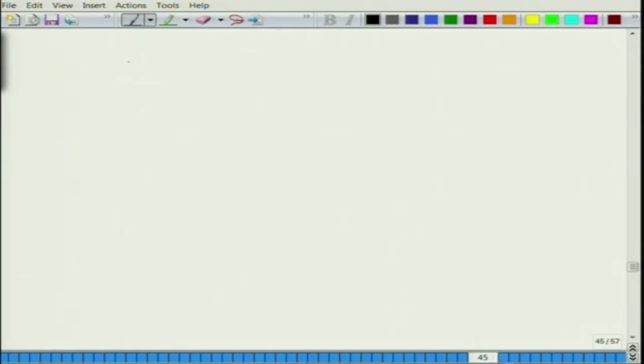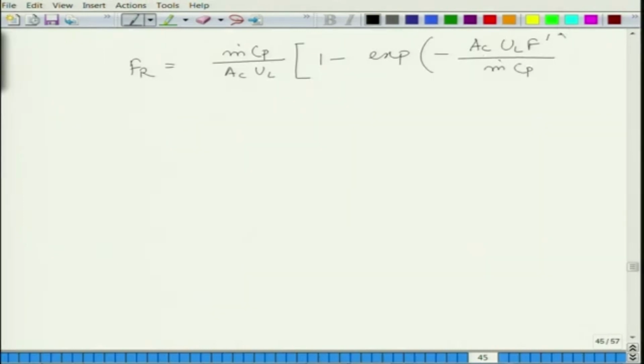If we use that expression, then this F_R becomes m dot C_p over A_C U_L times 1 minus this particular portion, which is replaced by the exponential function of A_C U_L F prime divided by m dot C_p. Clear? From the last lecture, the expression that we derived, we have used in the formulation of F_R.